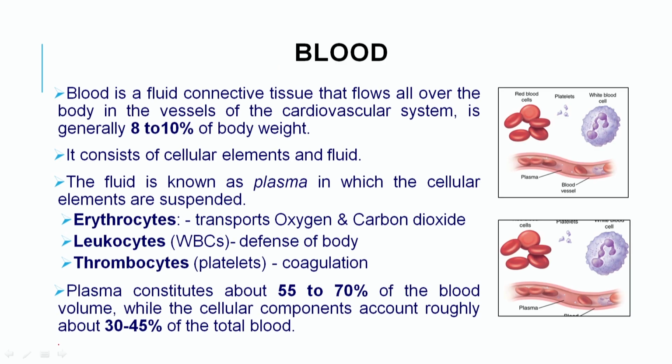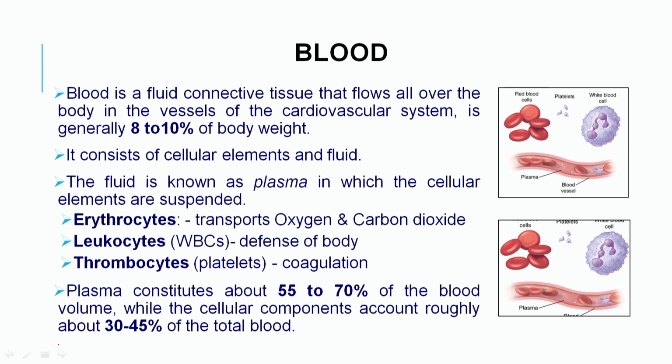Blood is a fluid connective tissue that flows all over the body. The vessels of the cardiovascular system hold generally around 8 to 10% of the body weight. It consists of cellular elements and fluid. The fluid is known as plasma, in which the cellular elements are suspended.